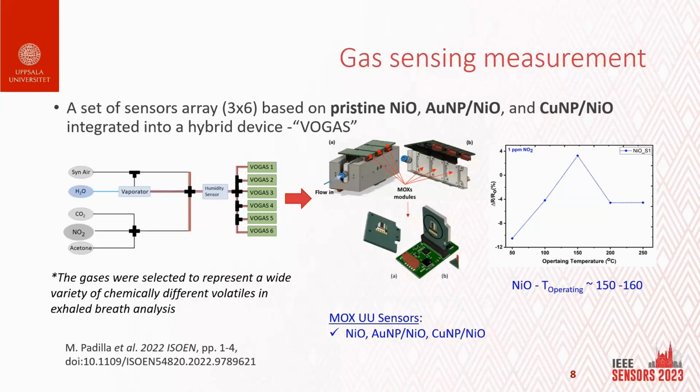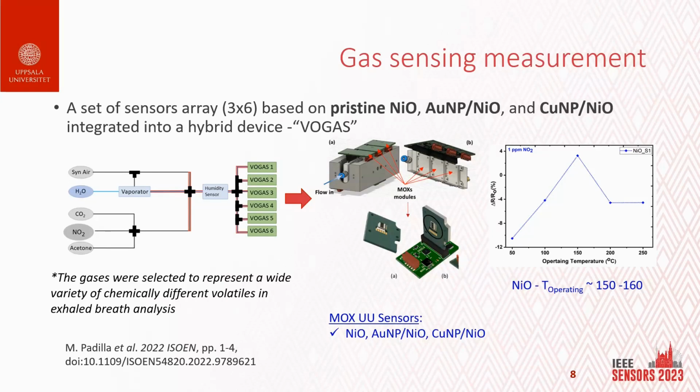We optimized the temperature for the nickel oxide, which is about 150 to 160 degrees centigrade. The gases were selected to present a wide variety of chemically different volatiles in exhaled breath analysis, as these devices were developed for exhaled breath analysis. We look into carbon dioxide, NO2, water, and also acetone.